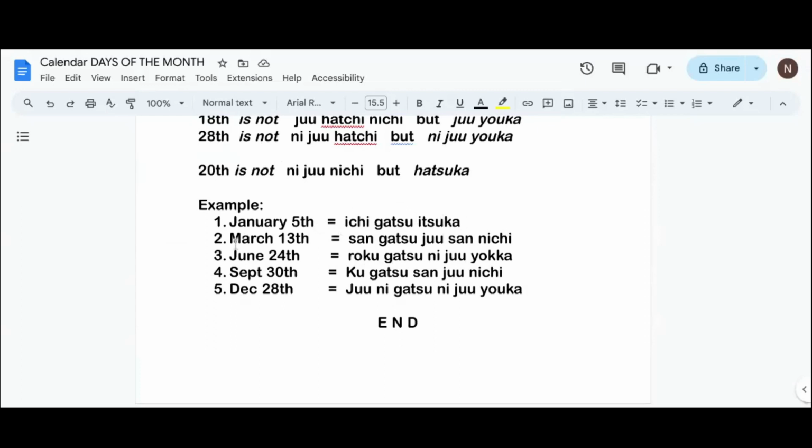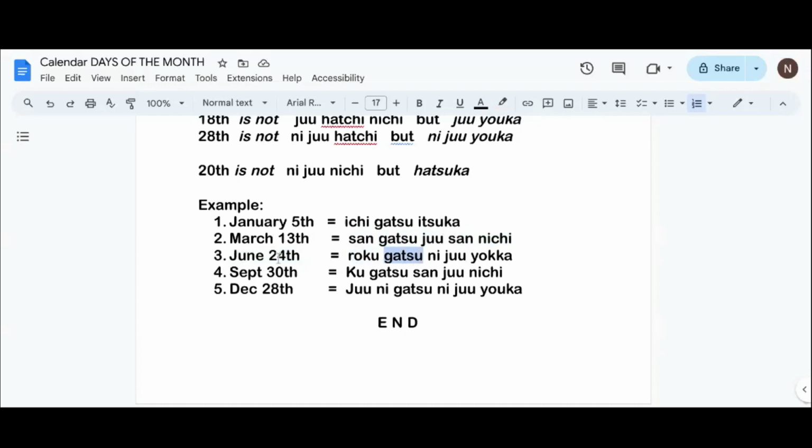For March 13th, March is sangatsu, month, gatsu, jusan is 13, and then add nichi. For June 24th, rokugatsu, which means June, the number 6 month of the year.